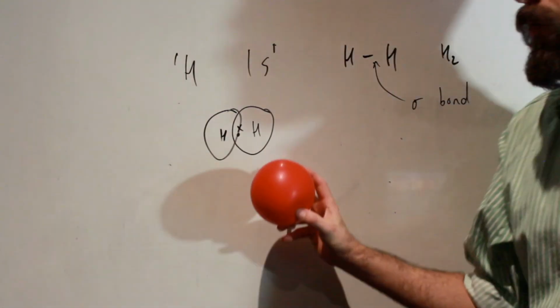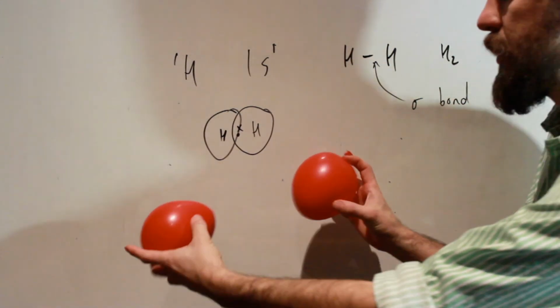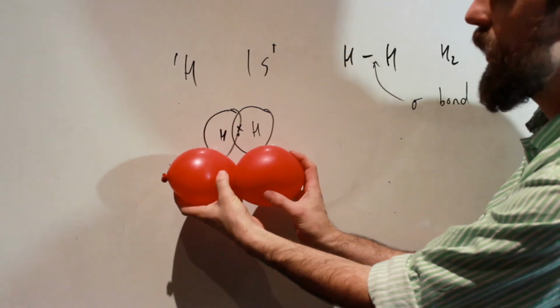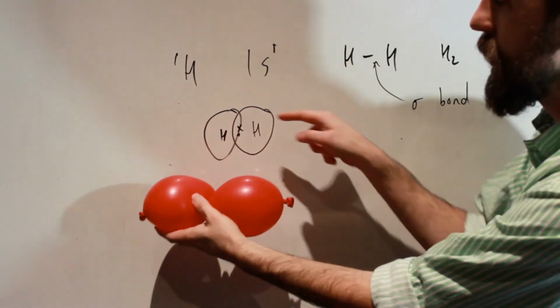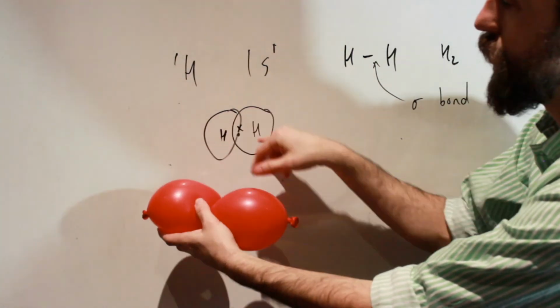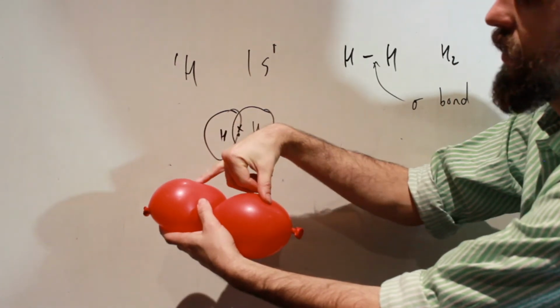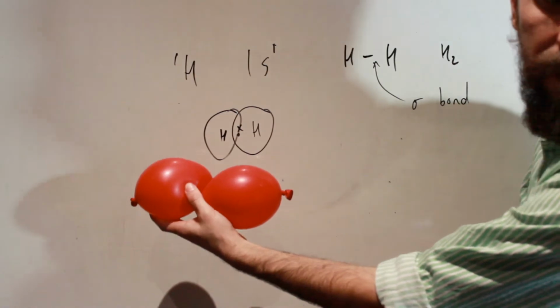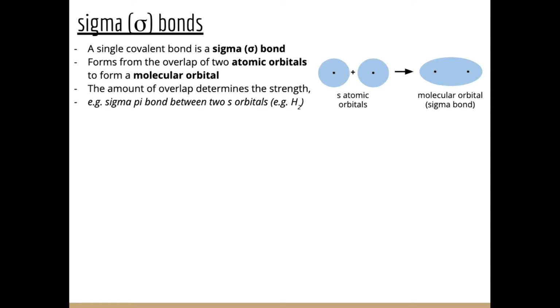But if we have one s orbital, these two atomic orbitals overlap and we form a molecular orbital. We've got a nucleus in the center of each of these two hydrogen atoms that is now binding this shared pair of electrons to both of them. So if we look at a diagram over here, we get an s atomic orbital overlapping with another s atomic orbital to form the molecular orbital that is now a slightly different shape.